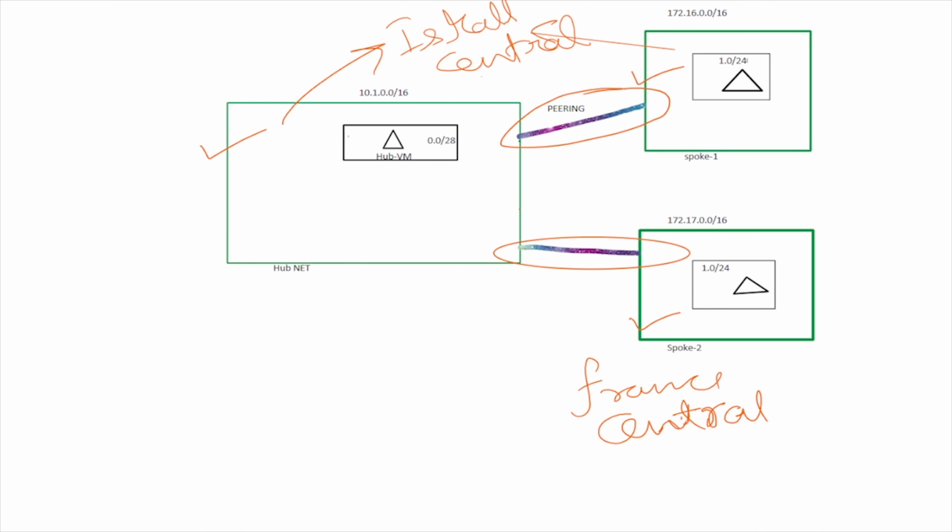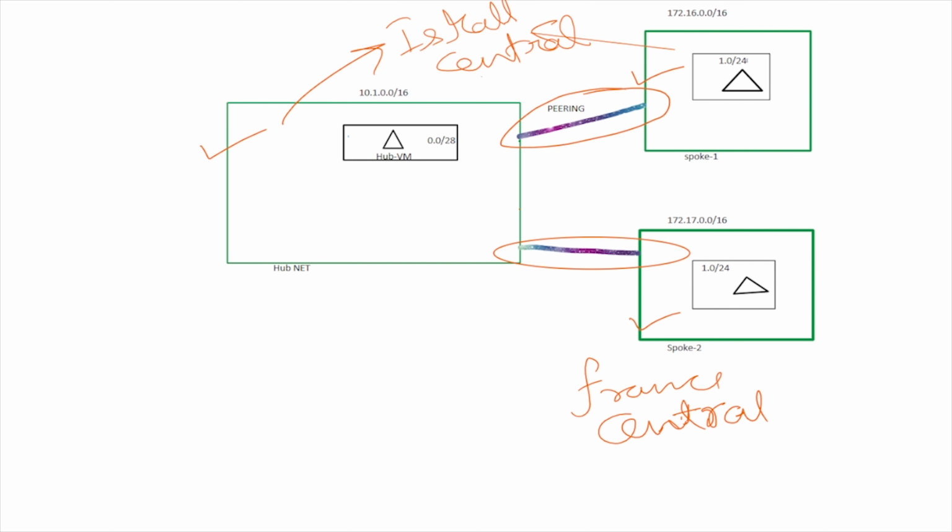But the only problem is, if we want to establish connectivity between spoke one and spoke two, we must establish a peering between these two VNets. Okay, then only these resources will be able to communicate with the spoke one resources. Otherwise, if we do not establish a separate peering between spoke one and spoke two, we will not be able to communicate.